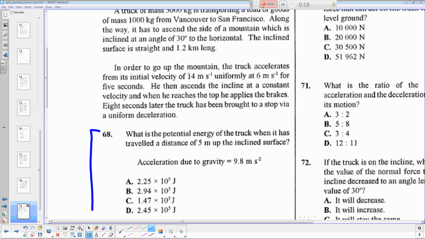By the way, this is practice test 2 in your book. It's back in the back of your book, practice test 2.